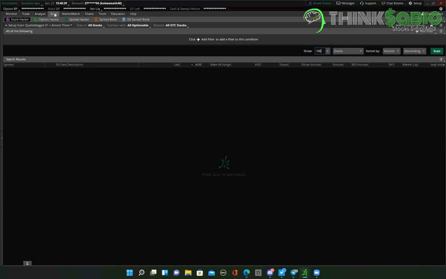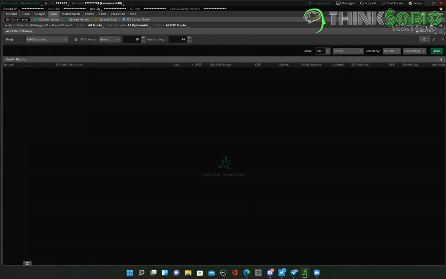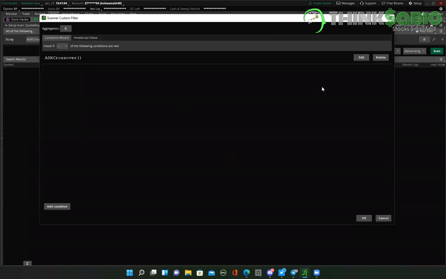So if you go to scan in Thinkorswim, and I will give you guys this script in the chat right here, you can go under scan, and then under a new study, click add filter, click study, and then click this drop down here, go to custom, and you will get this pop-up window right here.